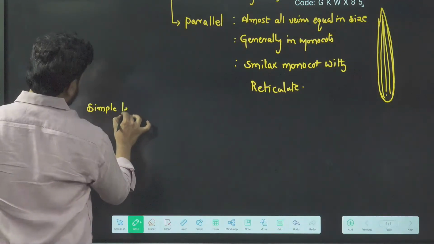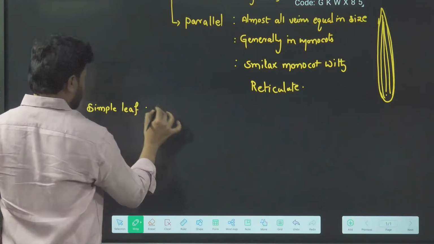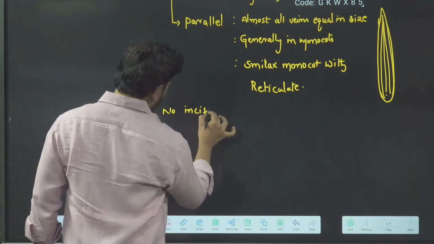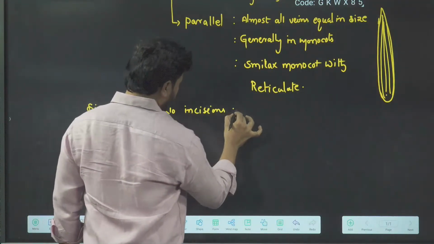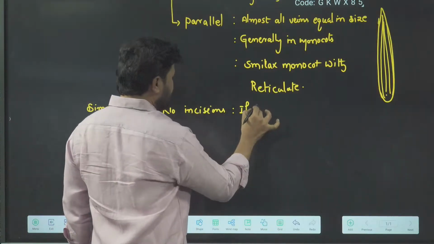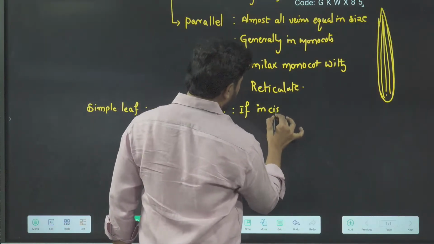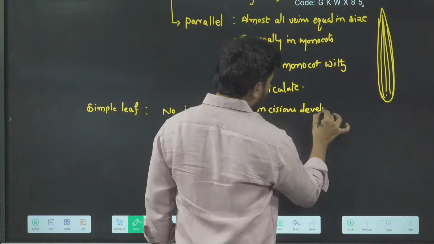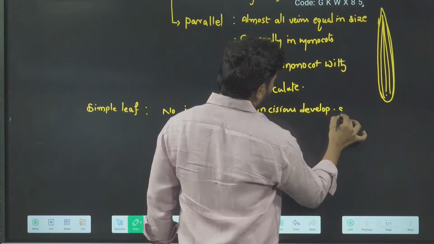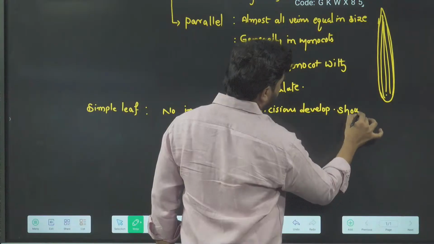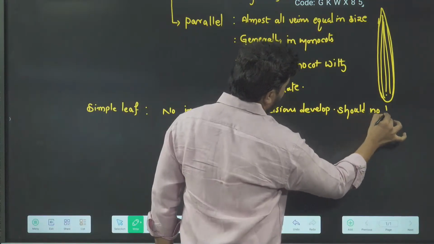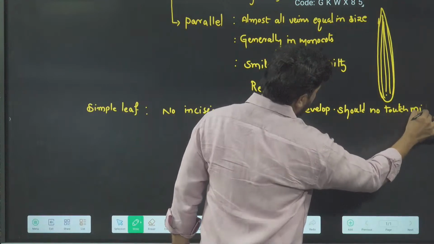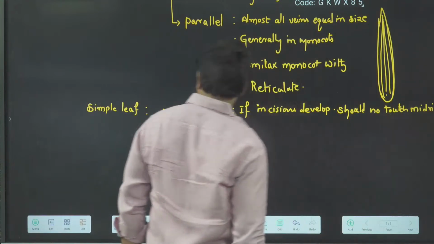Simple leaf: first, no incisions. There should be no incisions. If incisions develop, they should not touch the midrib. This condition is called a simple leaf.